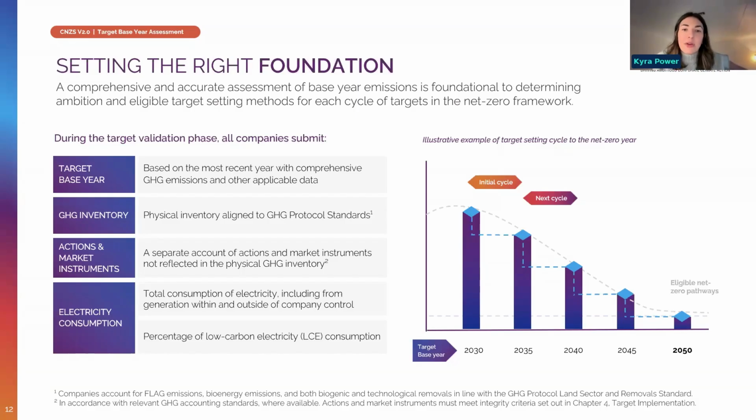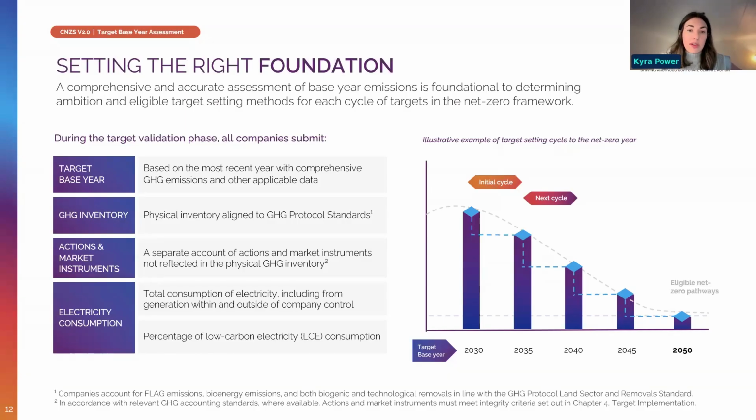Next, companies must account and report a greenhouse gas inventory aligned with current greenhouse gas protocol standards and guidance, using the most recent and effective versions available. Without opening up an entire separate topic, this includes the recent land sector and removals standard for FLAG emissions and biogenic emissions and removals.